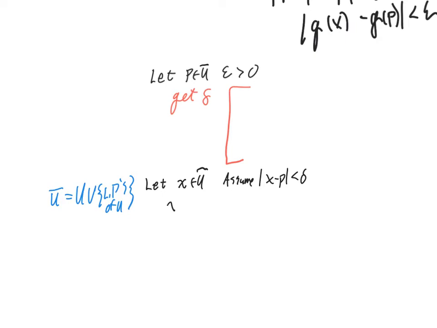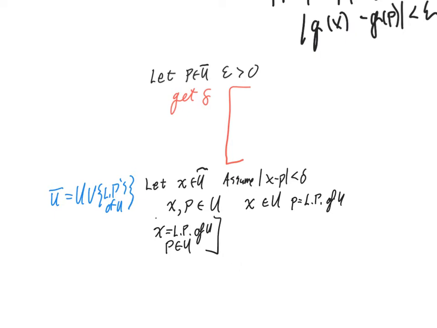There's when x and p are in U. There's the case that x is in U and p is a limit point of U. There's the case that x is a limit point of U, p is in U, and the case that x and p are both limit points.